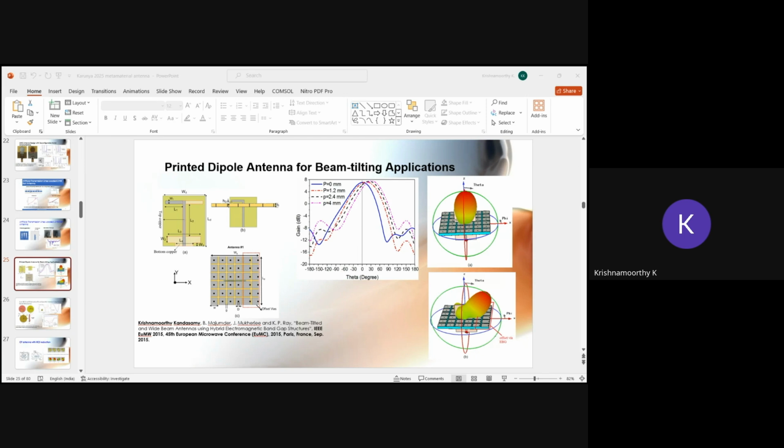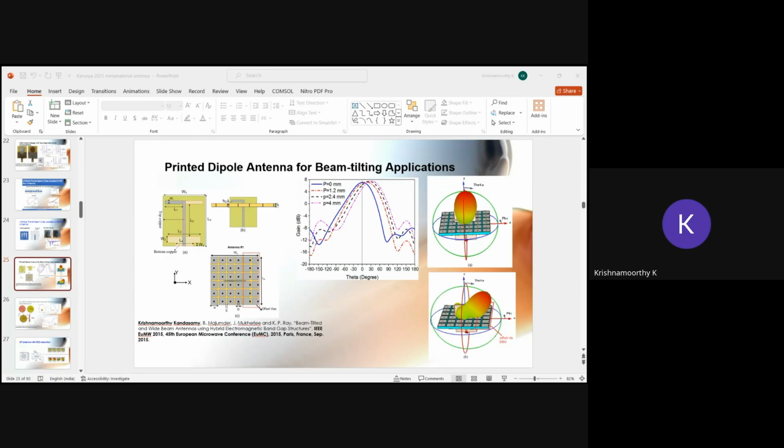Yeah. So the superstrate's purpose is to improve the gain, or simply it should not affect the radiation. Suppose you are using a radome structure for the antenna, it should not affect the radiation. In that case, it should pass the wave, the transmission, without any reflection. If you want to use it for gain enhancement, the metamaterial unit cell should give transmissive characteristics as well as some beam focusing characteristics.